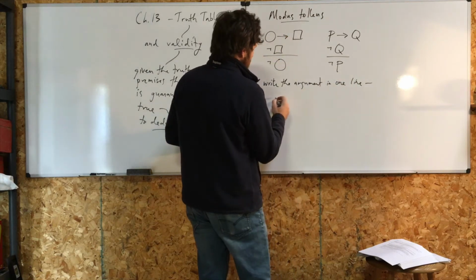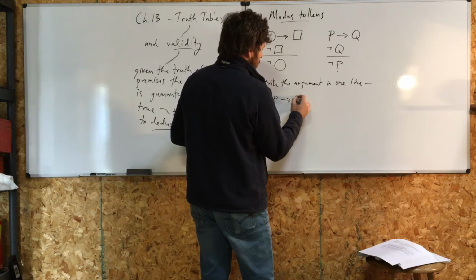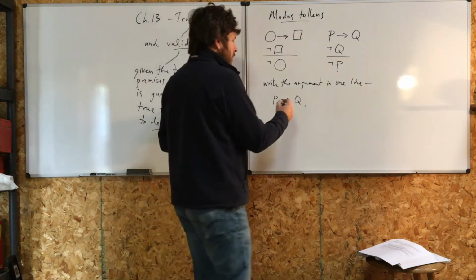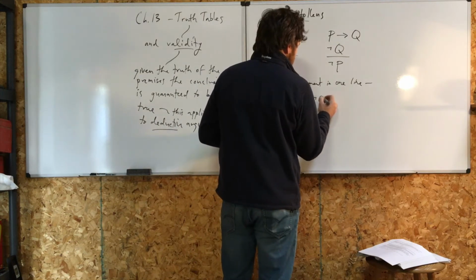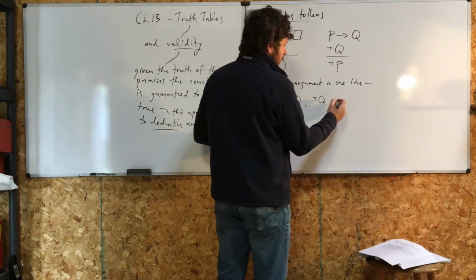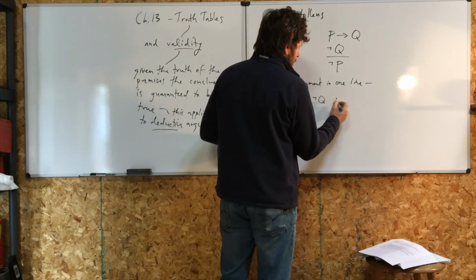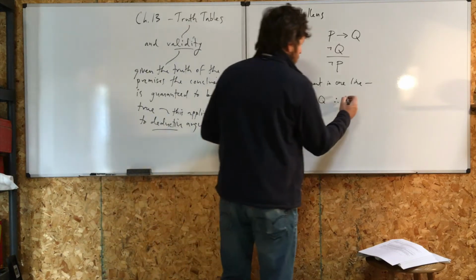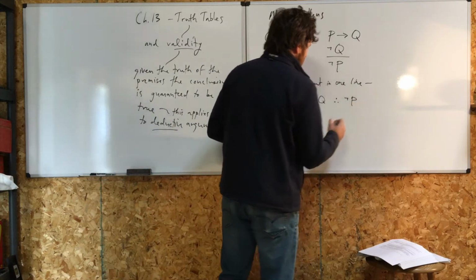So that's going to look like this. P arrow Q. And then we're going to separate the premises using commas. Not Q. And then we can use a symbol for therefore. I'm going to use the three dots, like that, to symbolize therefore. And then you have the conclusion here, not P.